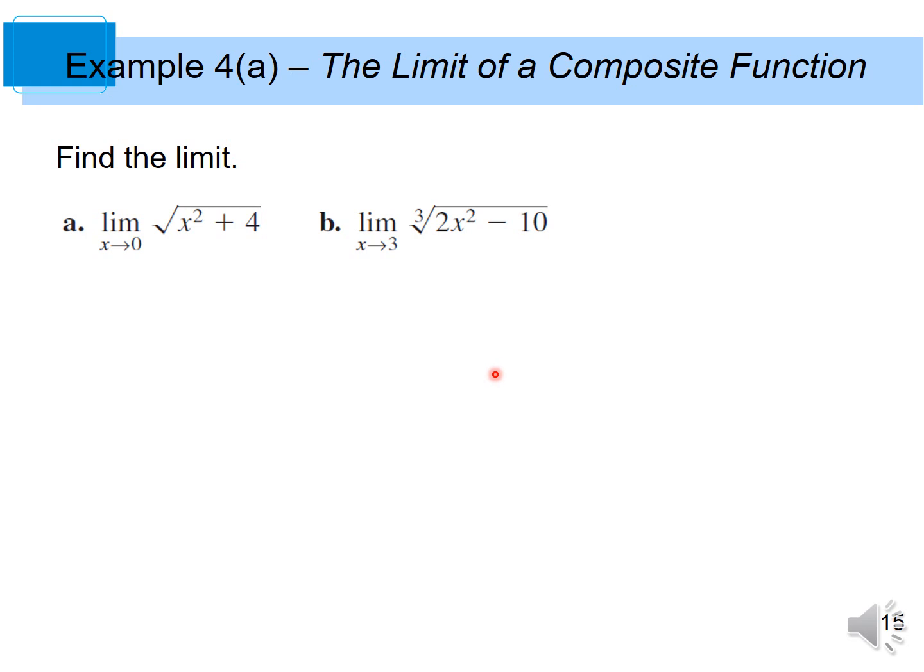Look at this example. Find the limit of radical x squared plus 4 as x tends to 0.